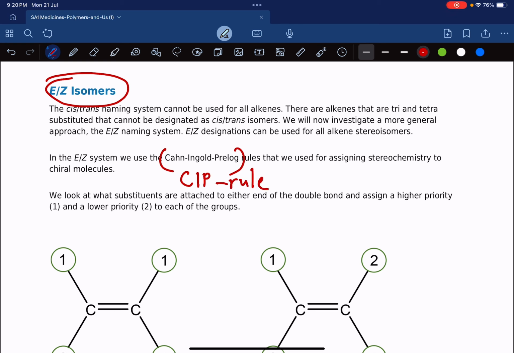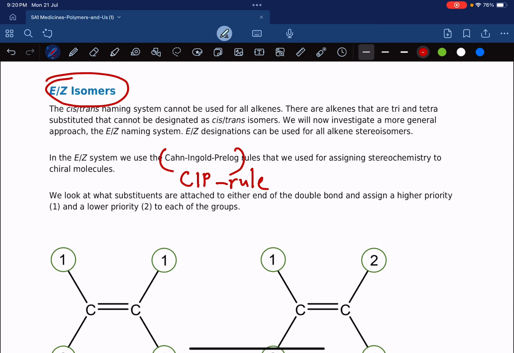When you see the word CIP rule, this is what it is. The CIP rule is used more because the cis and trans configurations cannot be used in all circumstances. Sometimes it doesn't work.